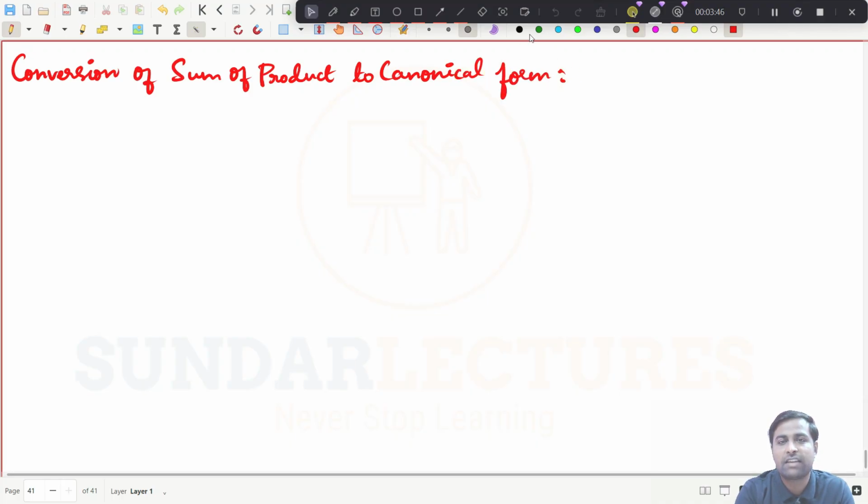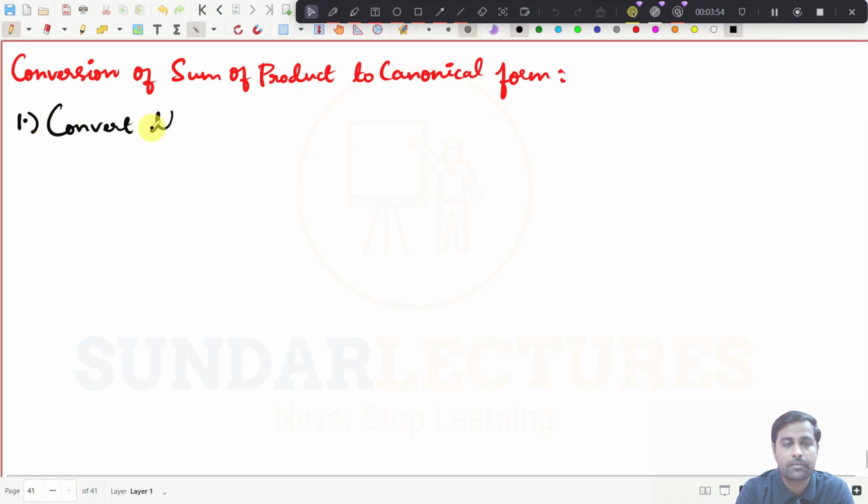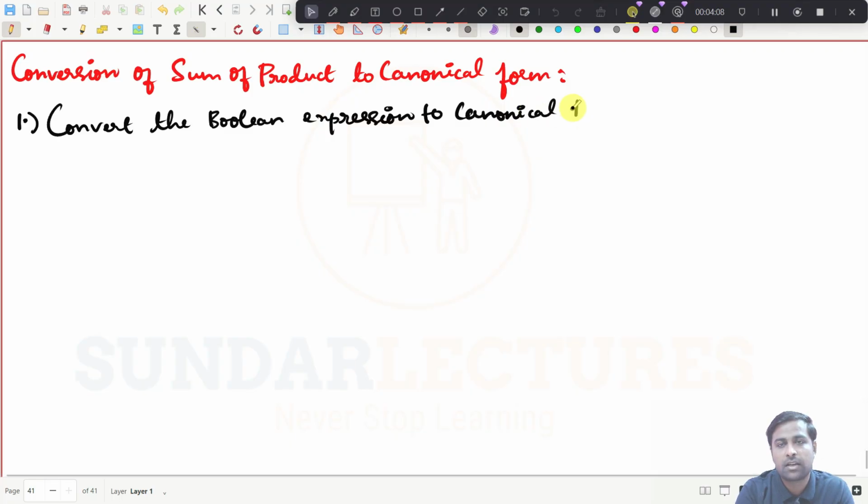So generally I will take straight away an example. For example, you have: convert the Boolean expression to canonical form. Right? That is the question.